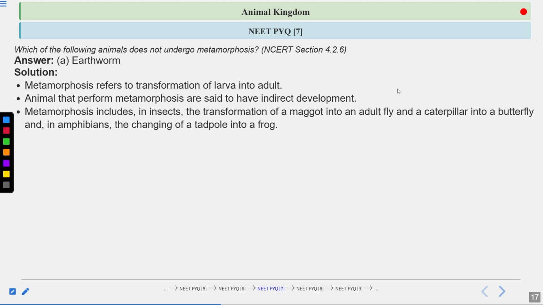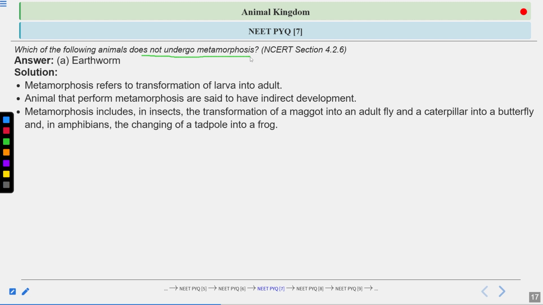Starfish do have a larval stage, but what is asked here is the organism that does not undergo metamorphosis. Starfish have the larval stage, and what is the peculiar thing about this larval stage? Bilateral symmetry.